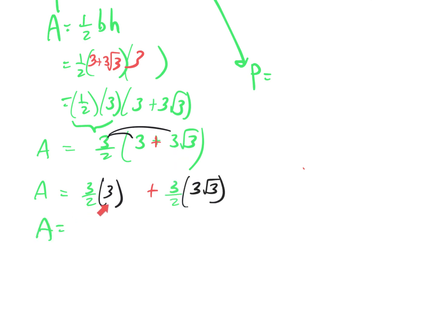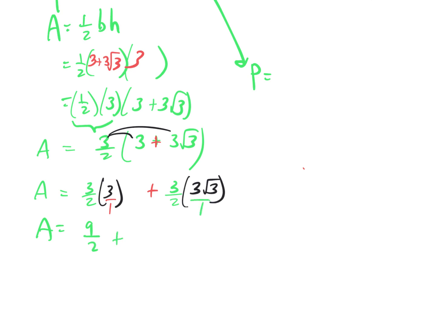So 3/2 times 3, remember, you just multiply straight across. Multiplying fractions ain't no problem. Top times top, bottom times bottom. So 3 times 3 is 9, and 2 times 1 is 2. 3 times 3 is 9 on top, and 2 times 1 is 2 on the bottom.